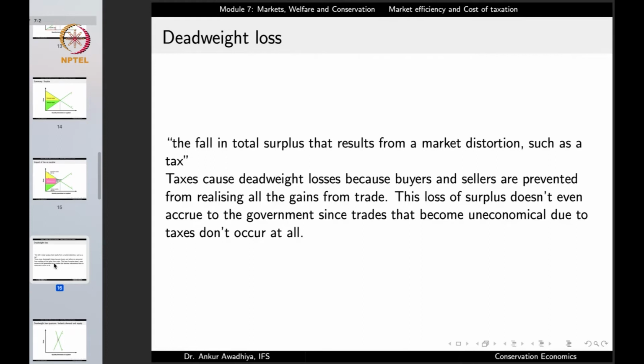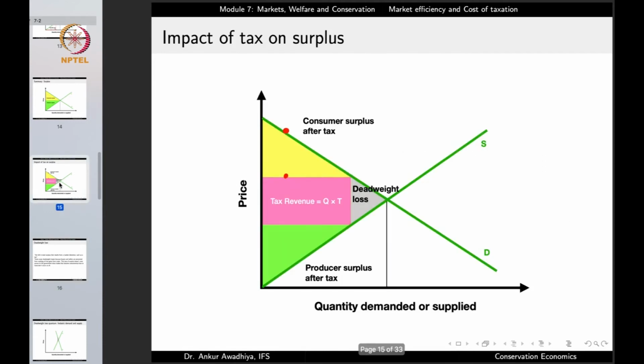This loss of surplus doesn't even accrue to the government, since trades that become uneconomical due to taxes don't occur at all. What we are saying here is that earlier, if we look at a point, say this one, so we are looking at this line.